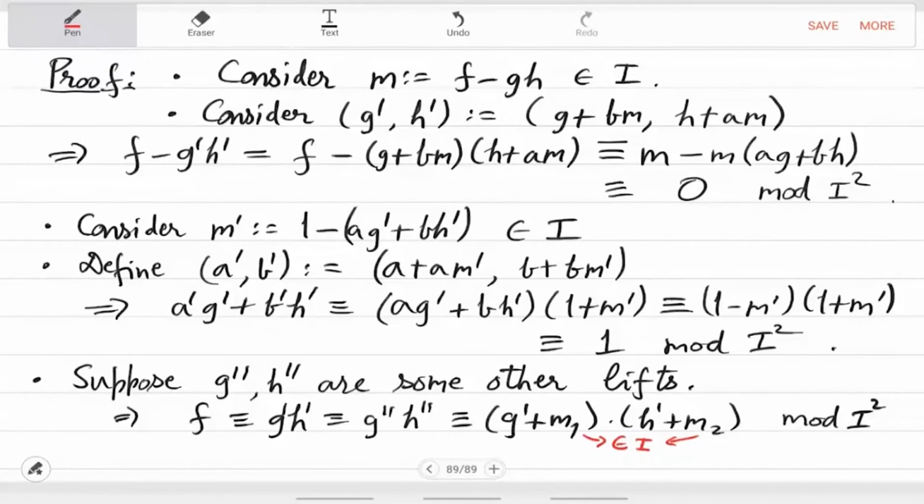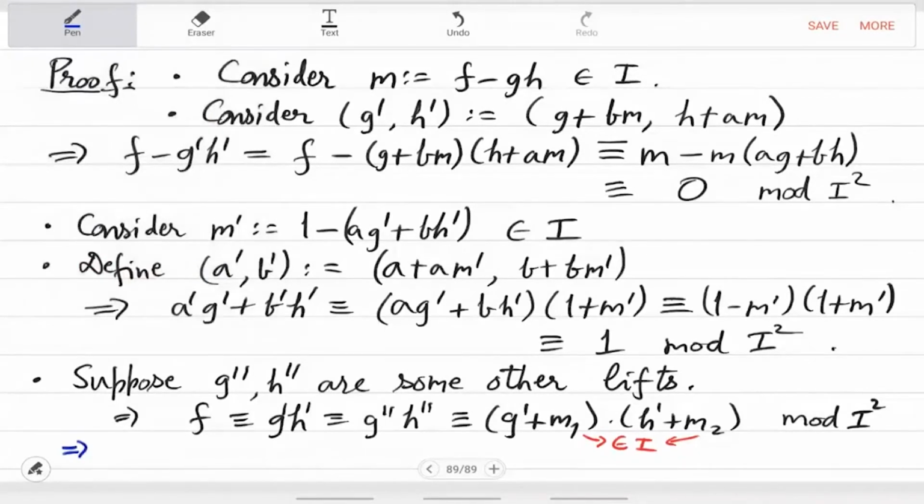Okay. So what do we do next? Yeah, I think we just multiply and take the difference. Basically g prime h prime is equal to this product. So you subtract g prime h prime from this side, and that result is 0. Let's write down that congruence.